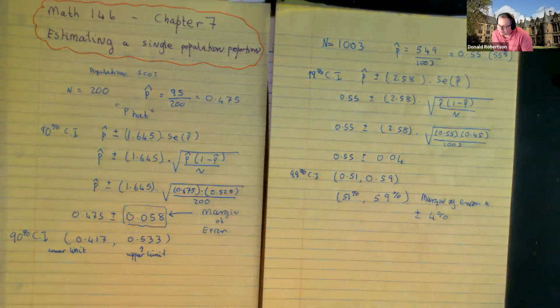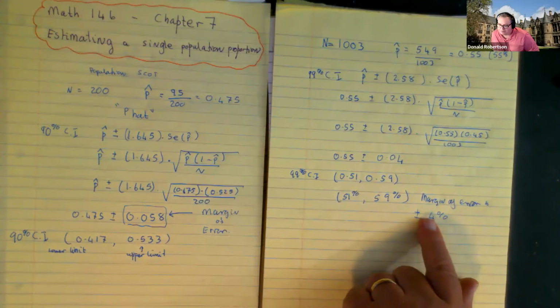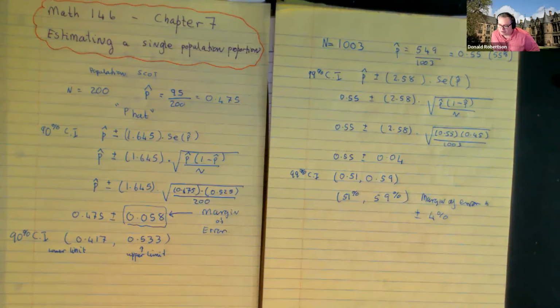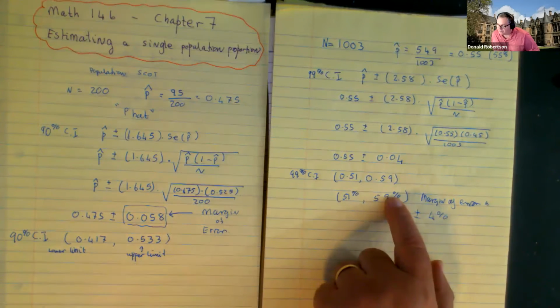Next time you watch the TV and they're talking about polls, they should, if they're being honest and fair, tell you the margin of error, because doesn't that give you a kind of idea of accuracy? Can you see in this case, margin of error is 4%? That's where this came from.